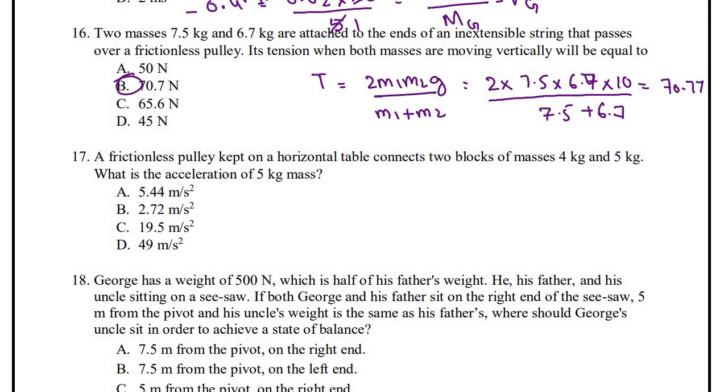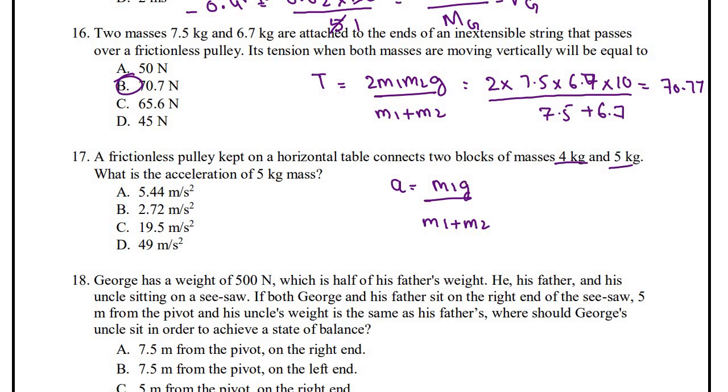If the frictionless pulley fixed on a horizontal table connects blocks of 4 kg and 5 kg, what is the acceleration of 5 kilogram mass? So the formula for the acceleration in this case is equal to m1g divided by m1 plus m2. So in this question, we don't know which mass is on the table and which mass is moving vertically.